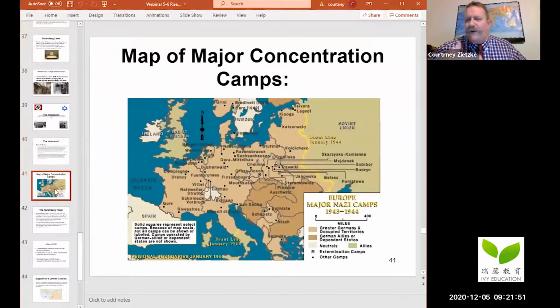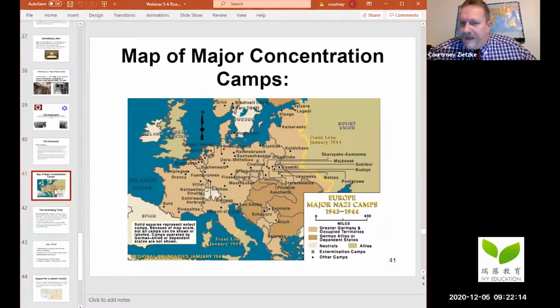This was all part of the grand design of Hitler during World War II. It was also designed to keep the regular people in check, so they would not ever move against the Nazi Party or Hitler himself. This is what we're doing to the Jewish people. If you don't behave yourself, this is what could happen to you.